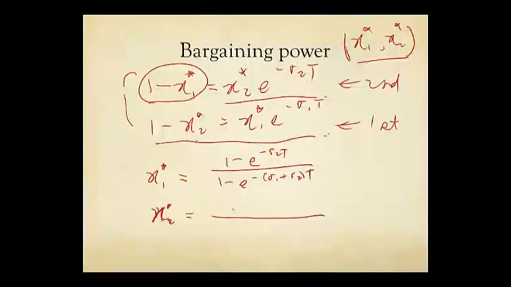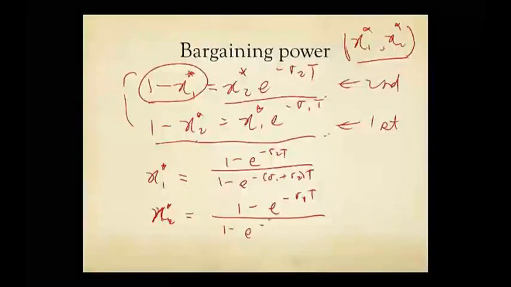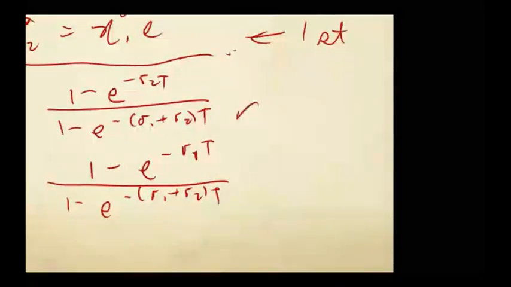And the equilibrium resource to the second user is the following.